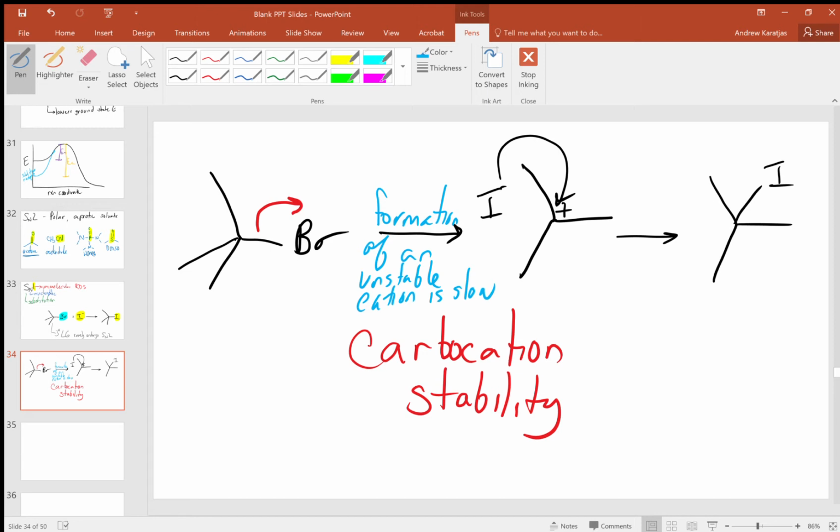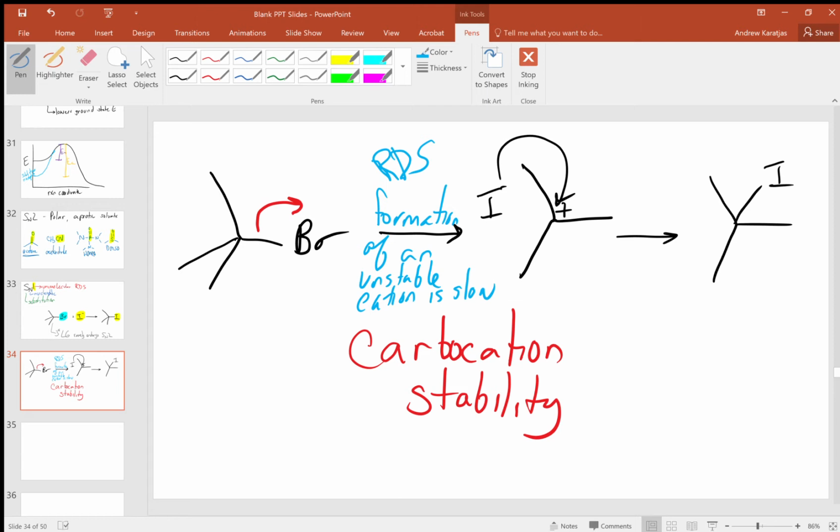We need to add energy in order for that to take place because we're going from a stable compound, an alkyl halide, to an unstable carbocation. In many cases, when you do something like this, this is not something that's necessarily going to be easy to do. And so we will see that from almost all SN1 reactions, this is our rate determining step.